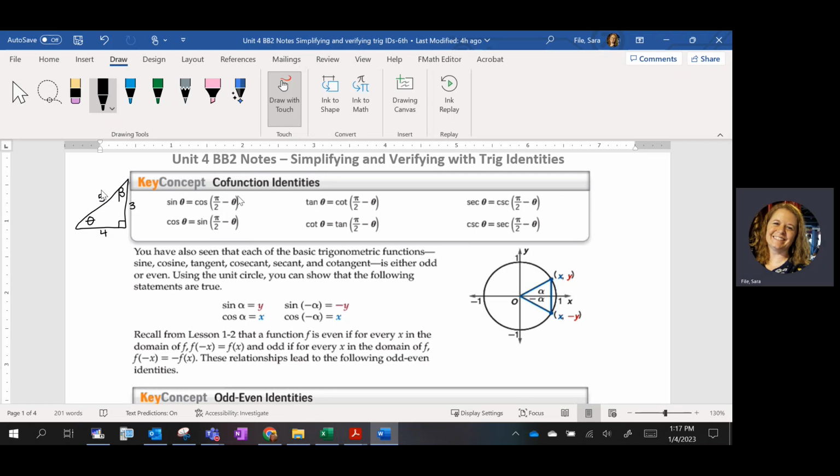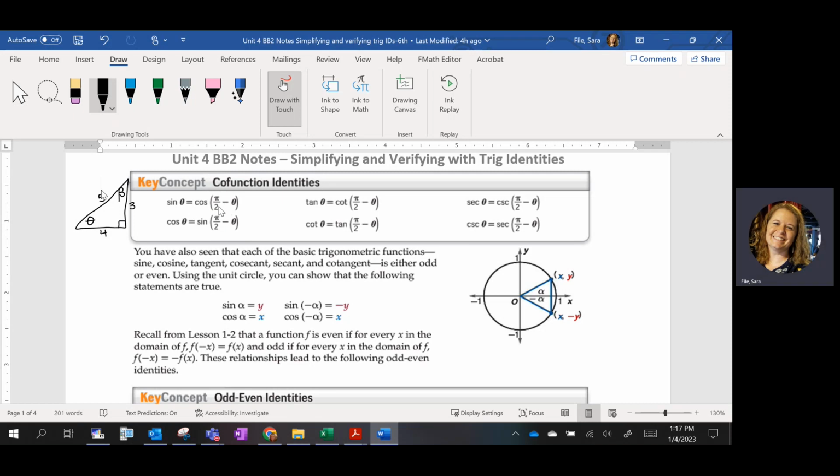So this is where this relationship stems from: when you have complementary acute angles of a right triangle, sine from one of the angles is the same as cosine from the other angle. Okay, so that's just how they are notating that these are the complementary angles.